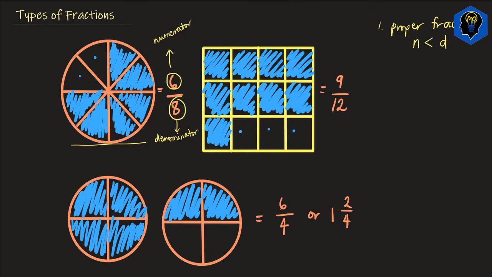So, in our given examples, the proper fractions are 6 over 8 or 6 eighths and 9 twelfths. Because you could see that the numerator, yung number na nasa taas, mas maliit kesa sa number na nasa baba. Okay? What's the other type of fraction? So, kung may proper fraction, meron ding improper fraction.